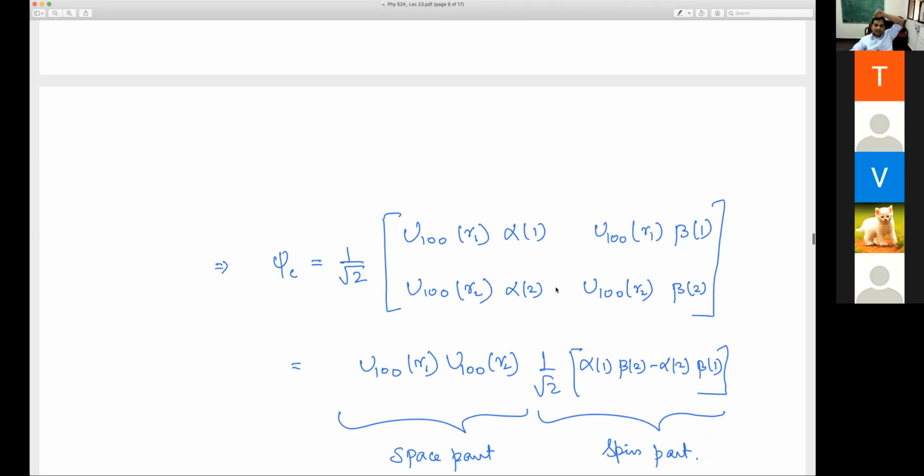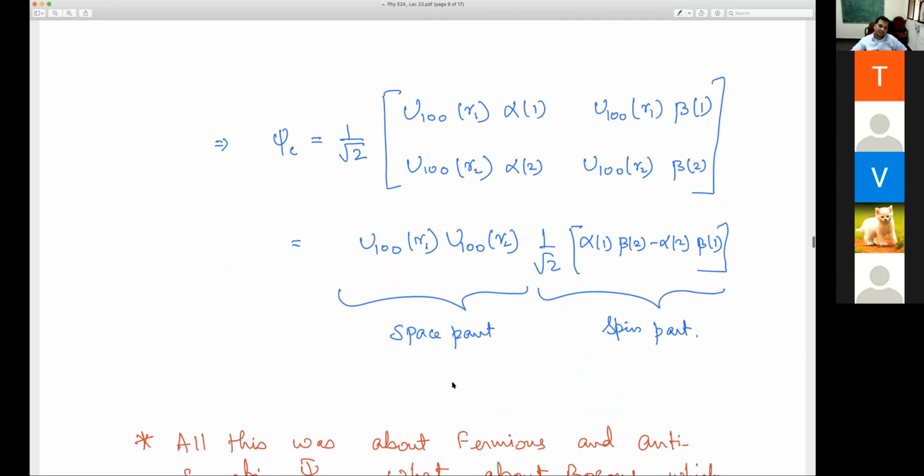If you multiply this out explicitly, all terms have U100, so the product U100 R1 U100 R2, and the minus sign term has U100 R2 U100 R1. I can take the space part out, and I'm left with 1 by root 2 times alpha 1 beta 2 minus alpha 2 beta 1, the spin part.